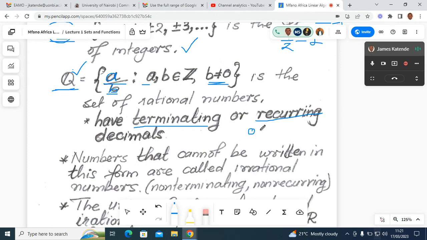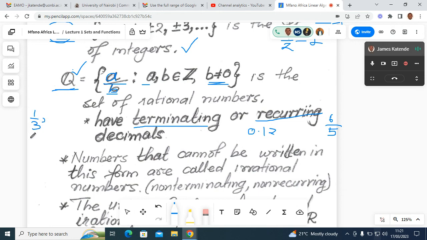If I write a number like 0.12, this is a rational number. I can also write it as 6 over 5, I think, if you want to write it in the form in which we defined. Then we also have numbers like 1 over 3, which is also a rational number.